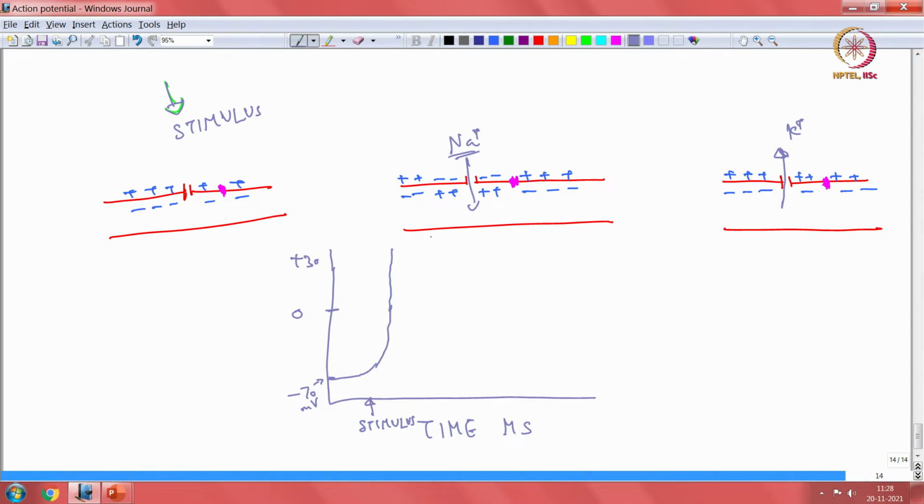So, that causes a reversal in the charge. First it goes to neutralization, that is up to 0, and then the potassium goes outside to a greater extent, reversing the potential. Actually it does not just reverse, it goes below the minus 70, up to minus 80 or 90, and then the membrane is restored back to minus 70 millivolts.